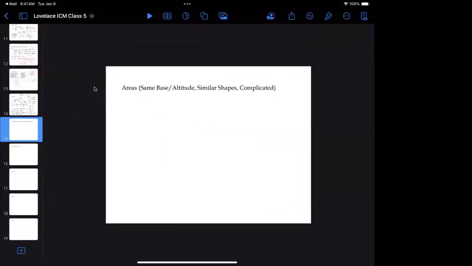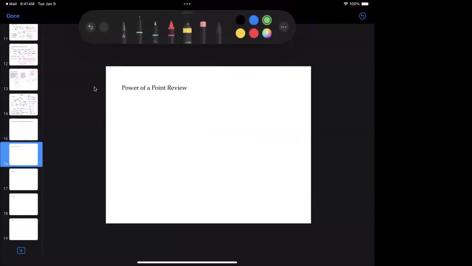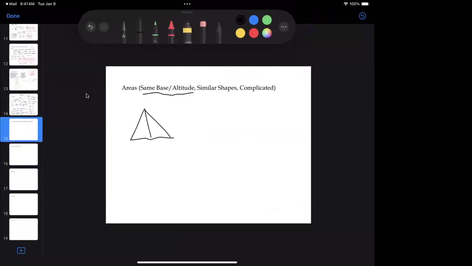Now let's go on to one of the last parts. So areas. Same base and altitude, this is quite simple, right? So if we have two triangles with the same base, it's clear that the areas are going to be equal, right?